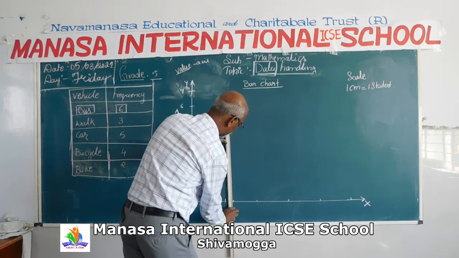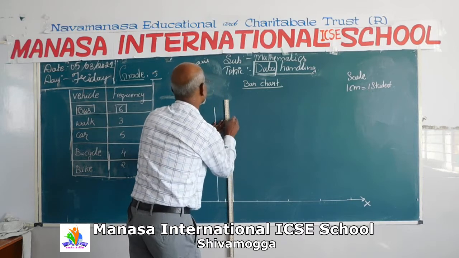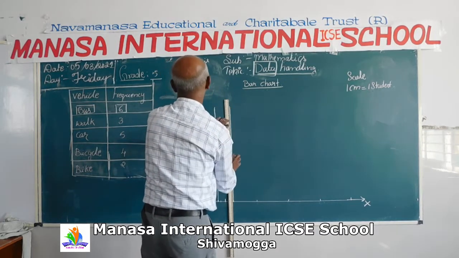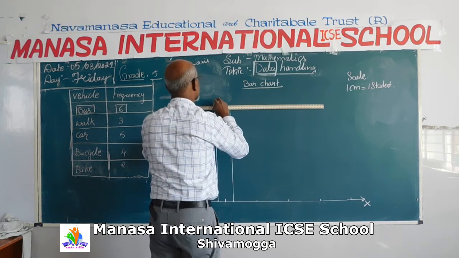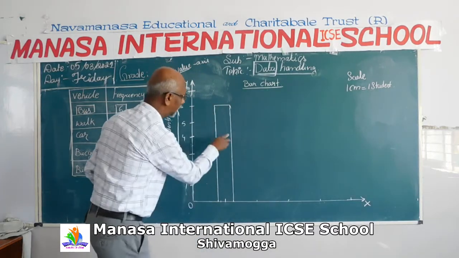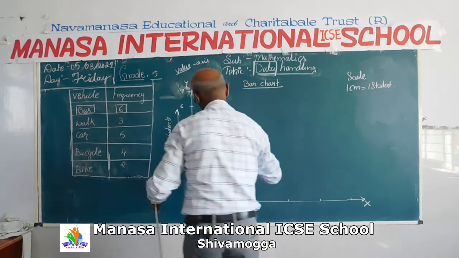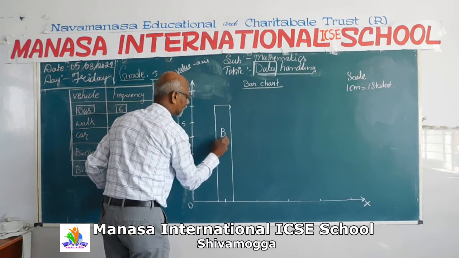Okay, this is the first line, this is the second line, like this. So how many centimeters? This is 6 centimeters. So what does it represent? This represents bus.